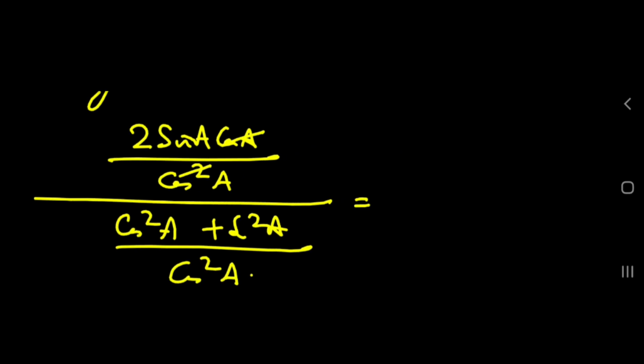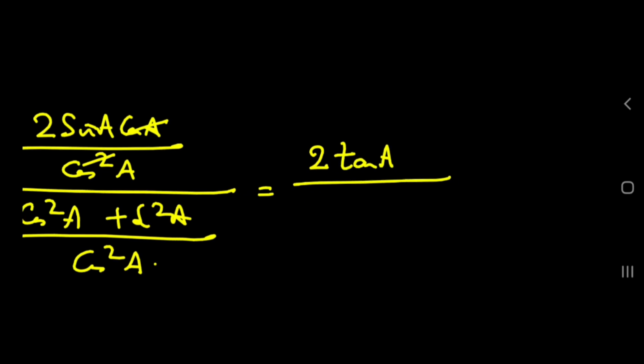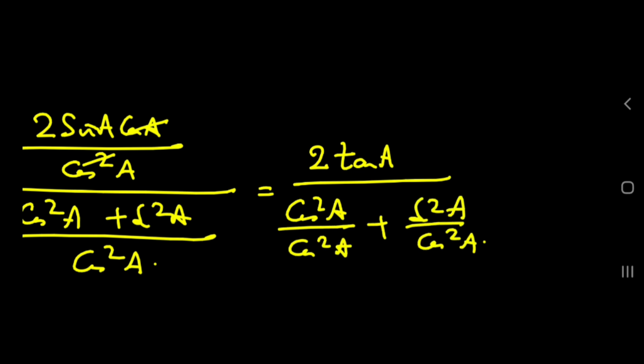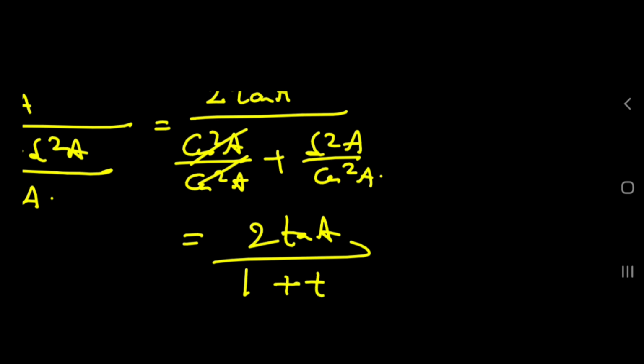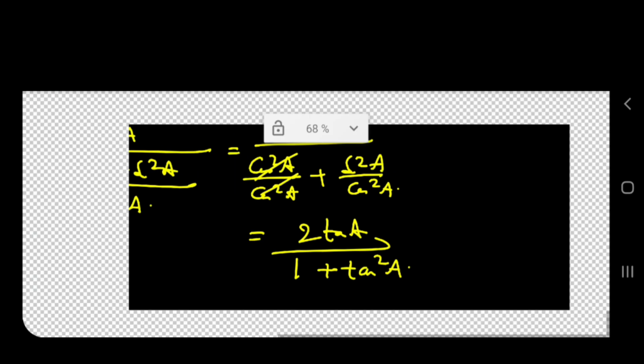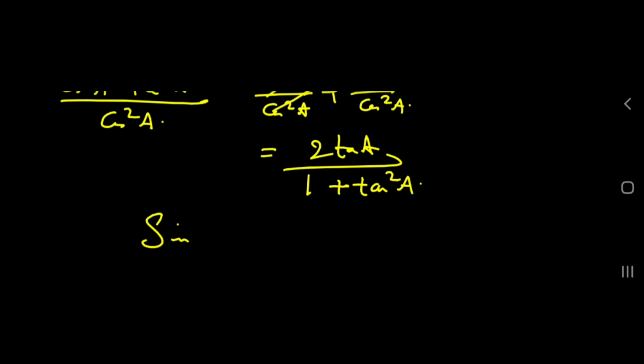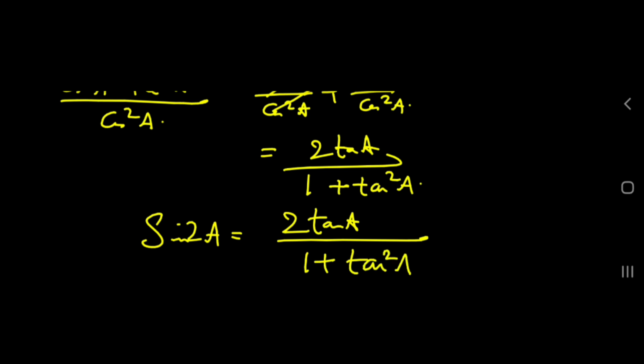One of the cos goes off, becomes 2 tan A, and here cos square by cos square plus sin square by cos square. So what are we getting? 2 tan A by, this cancels to 1, plus tan square A. So we got sin 2A is also equal to 2 tan A by 1 plus tan square A. Okay.